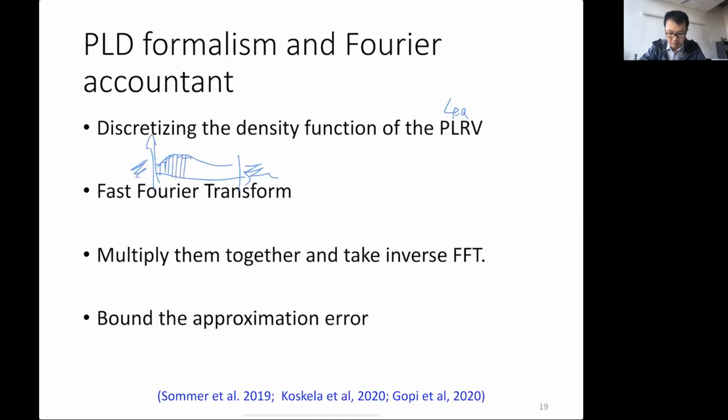And then this becomes a probability mass function, an approximation that can be represented by a vector.